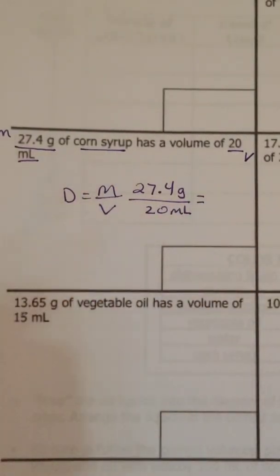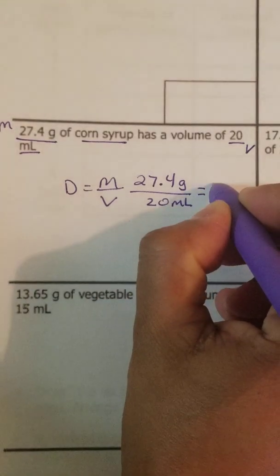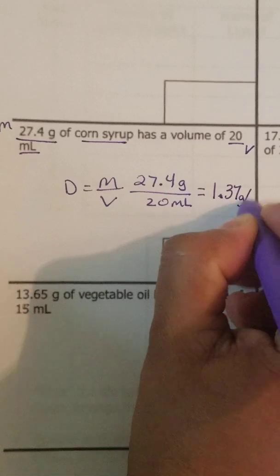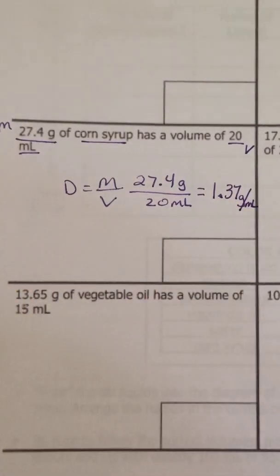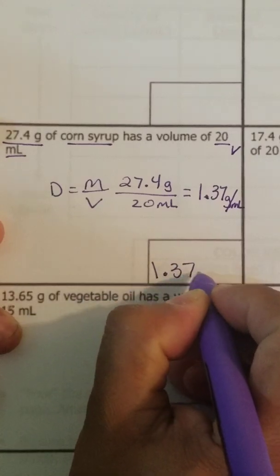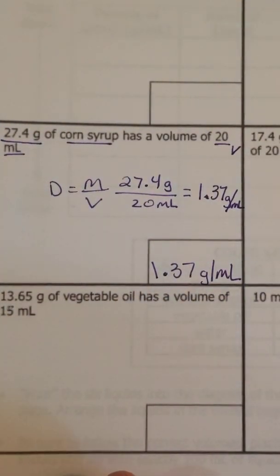So we're going to have to keep those units as is. So 27.4 divided by 20 equals 1.37 grams per milliliter. And I'm going to go ahead and write it in the box. 1.37 grams per milliliter. Okay.